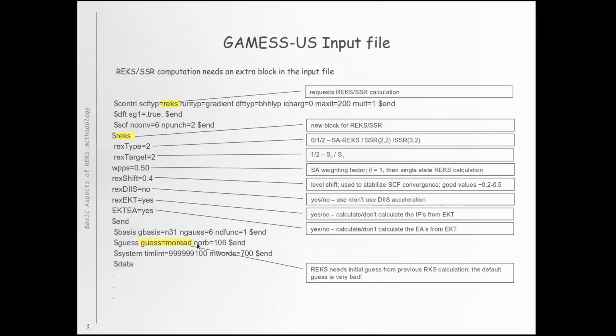That's why I gave this number. But if you calculate another molecule, you need to look up the number of orbitals and put the proper number here. I advise you to use this if you want to do a REKS calculation.